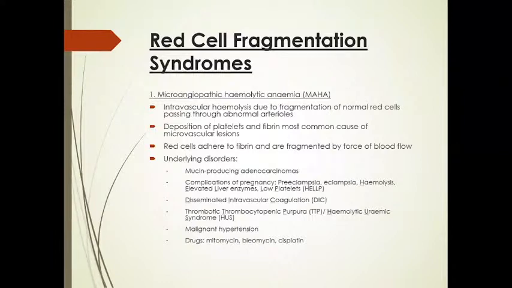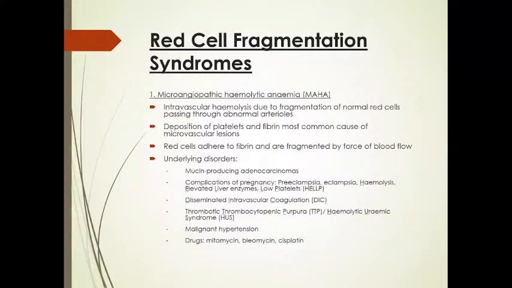What happens is there are actually little clots, especially in the smaller diametered vessels, like your arterioles, and these clots form, and then as the red cells pass through, they're shredded, and that's what causes the hemolysis.